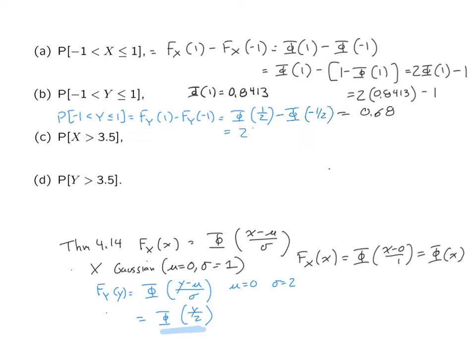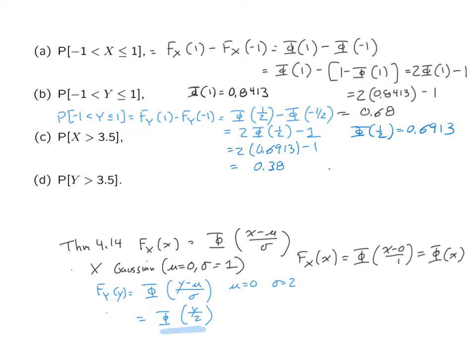And using the same identity for negative values, this is 2 phi of 1/2 minus 1. If you check the table, phi of 1/2 is equal to 0.6913. And so this is equal to 2 times 0.6913 minus 1, which is approximately 0.38.